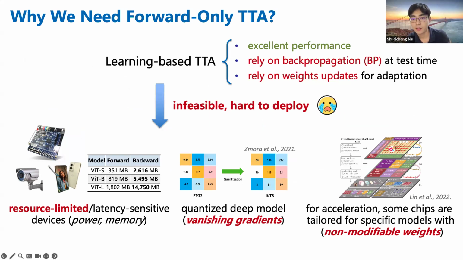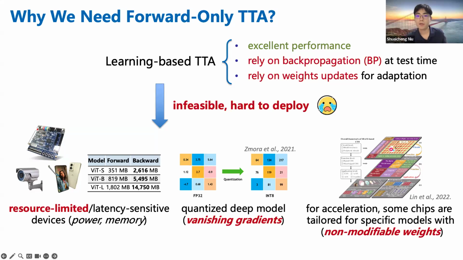This makes existing learning-based TTA methods infeasible in many real-world application scenarios. Firstly, on many resource-limited or latency-sensitive devices, such as surveillance cameras, embedded FPGAs, and mobile phones, due to power and memory limitations, these devices may not support the backward propagation operation.